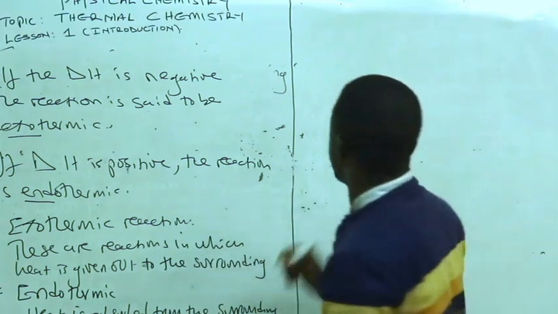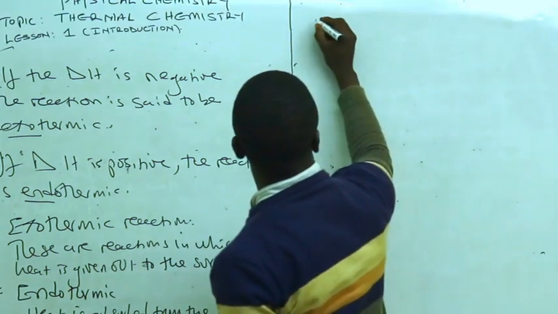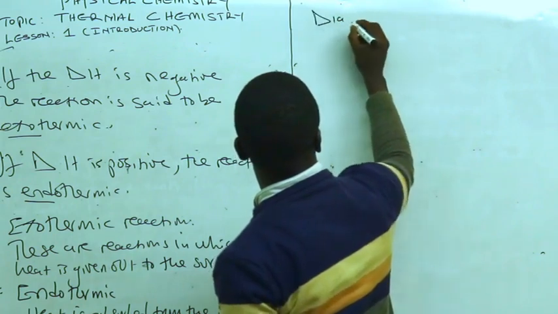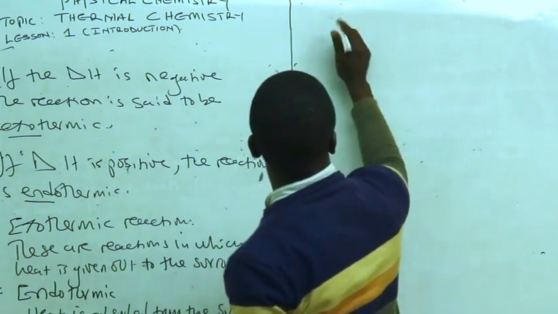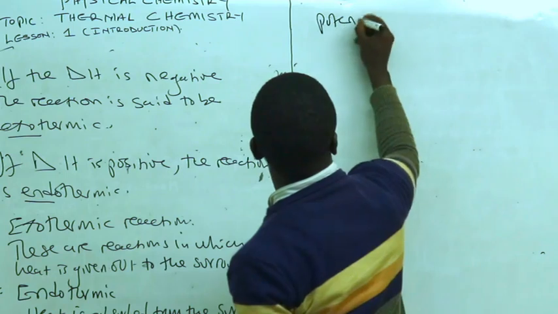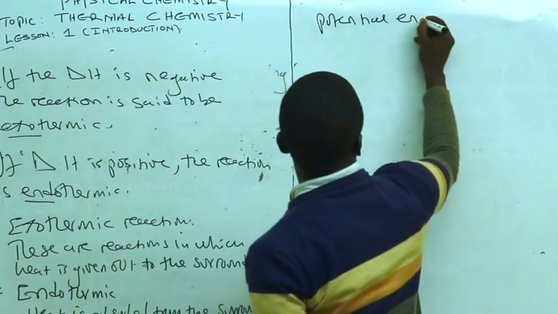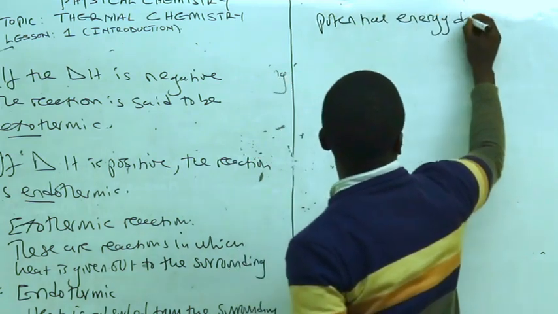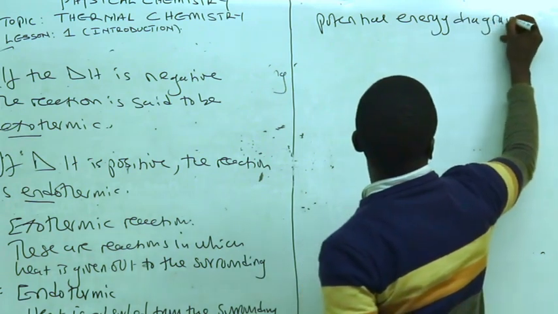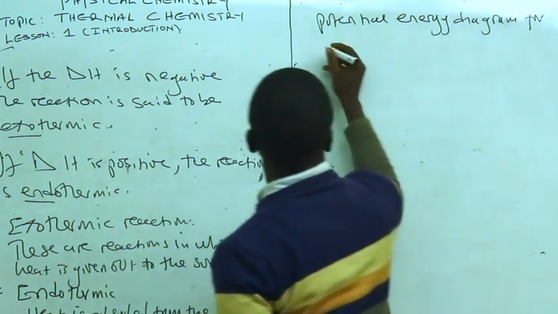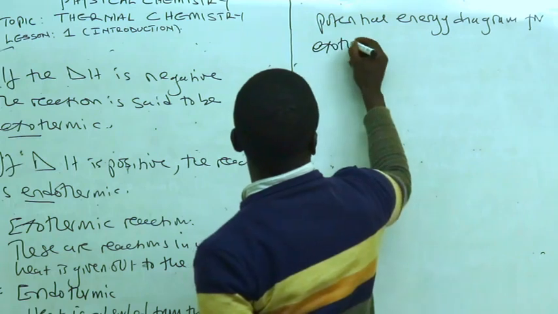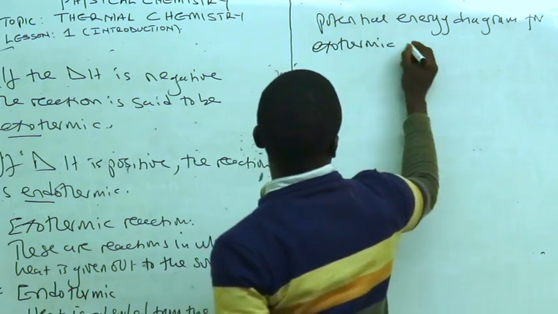So we can represent a potential energy diagram for exothermic reactions.